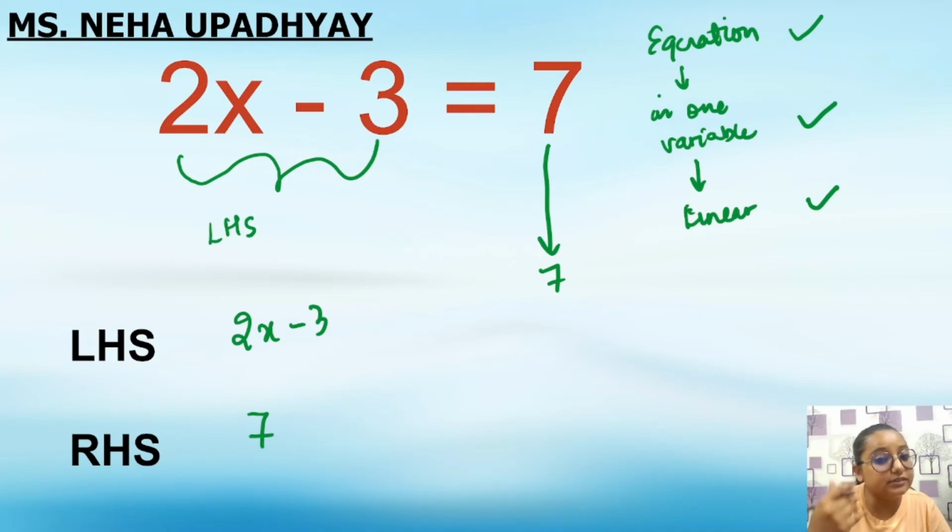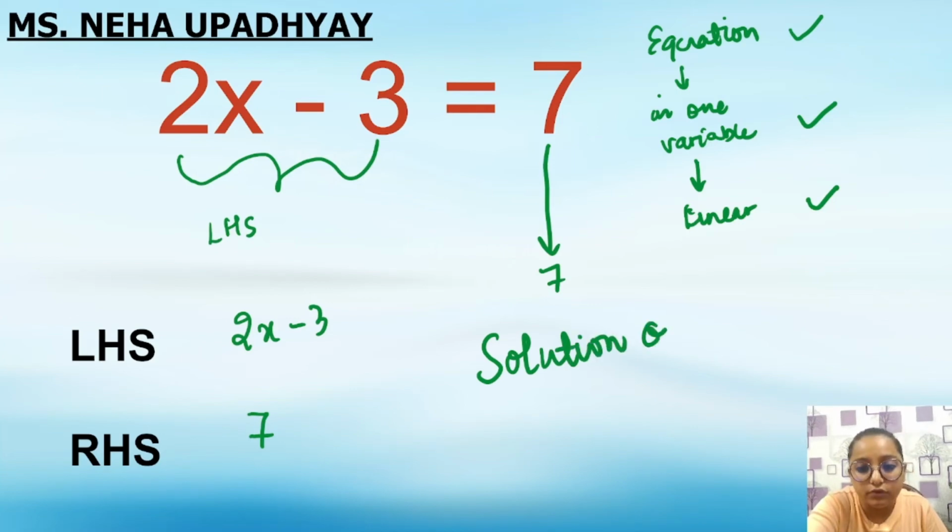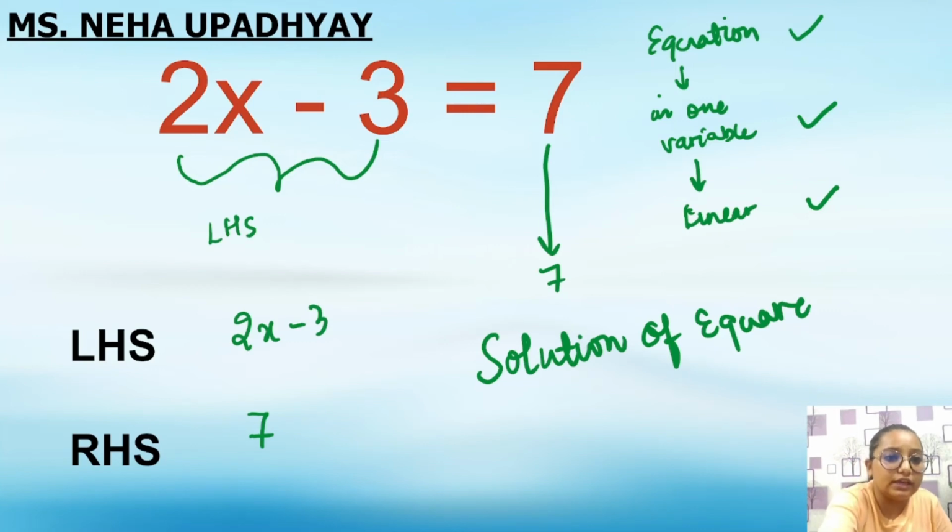Now why are we discussing the left hand side and right hand side of the equation? Because in further classes we have to study how to find the solution of an equation. So how do we find the solution of an equation? We equate the LHS and RHS. So 2x minus 3 equal to 7. Then we follow some steps.